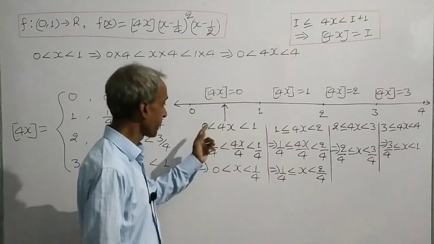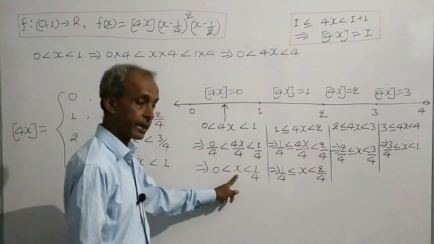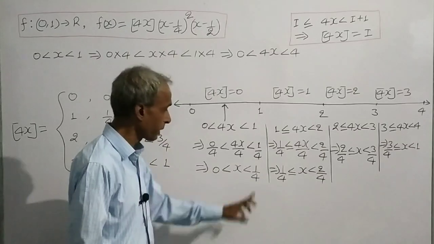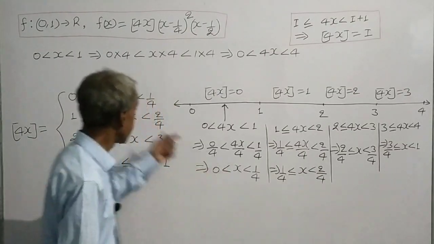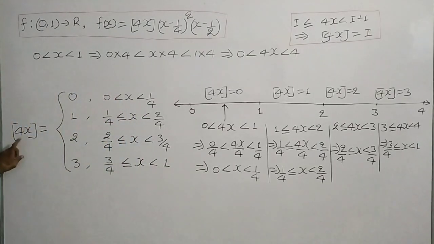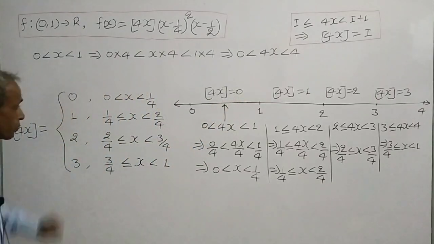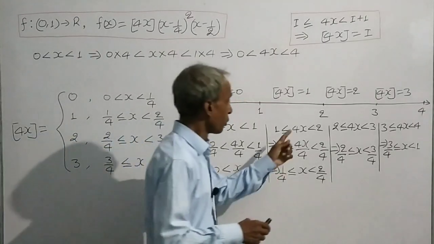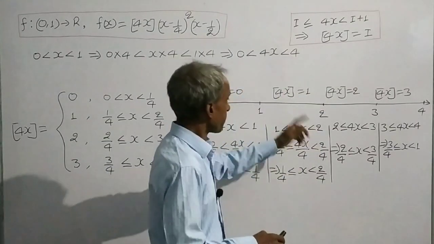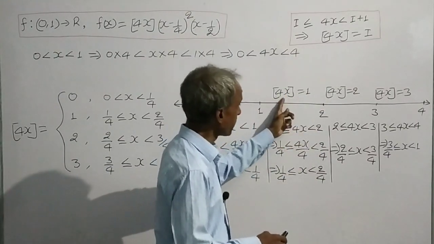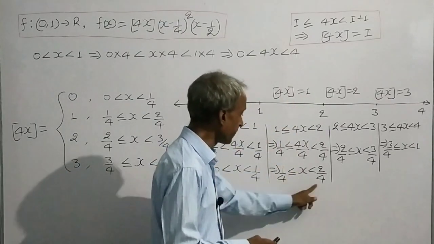And when 4x lies in this interval, then dividing by 4 we get x lies in this interval. Therefore, we write when x lies in this interval, then the value of the greatest integer of 4x is equal to 0. Similarly, when 4x lies in this interval, then the value of the greatest integer of 4x will be 1, and in this case x will lie in this interval.